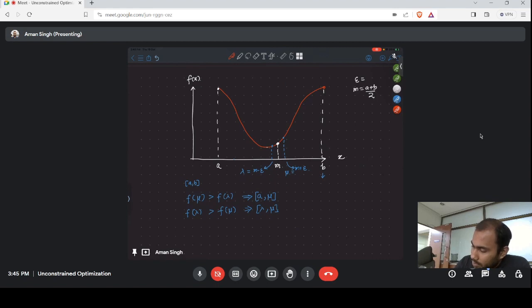Now let's say this is our new interval, a comma mu. Now we'll again find the midpoint.